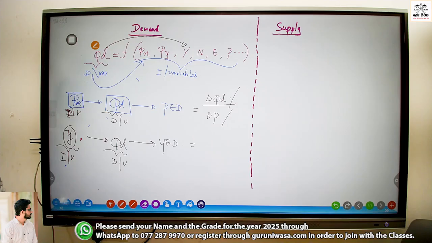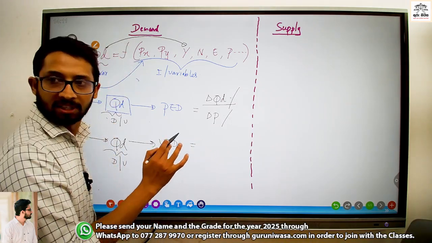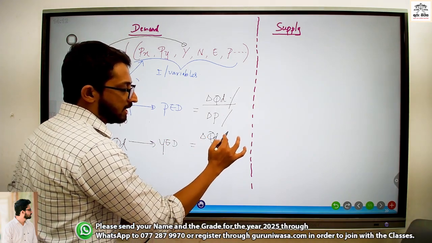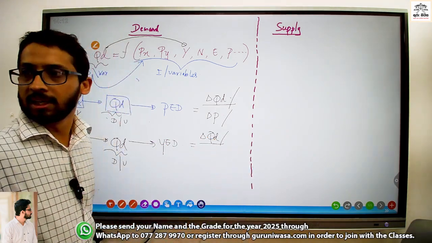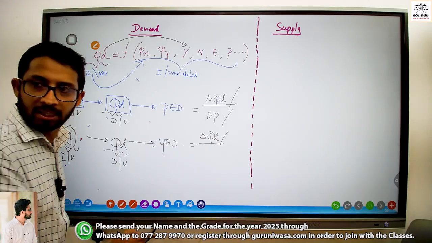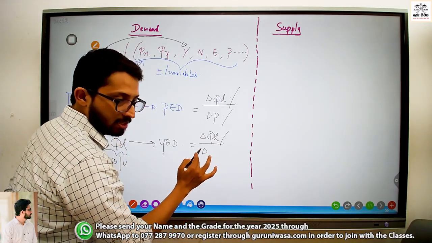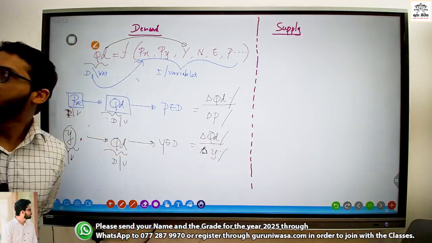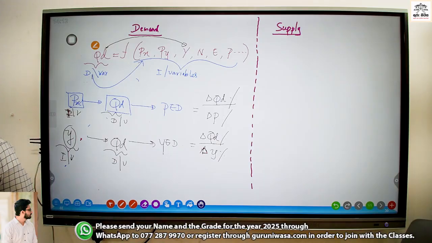Then YED equals percentage change in quantity demand divided by percentage change in buyer's income. Are you okay? Okay. Third one.